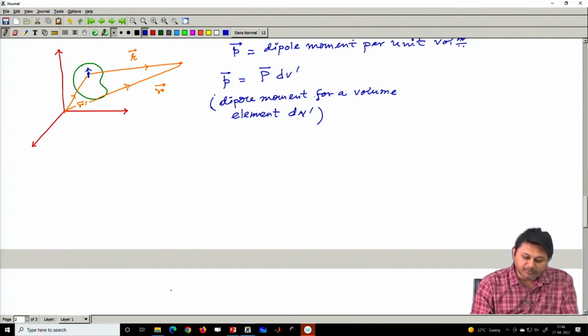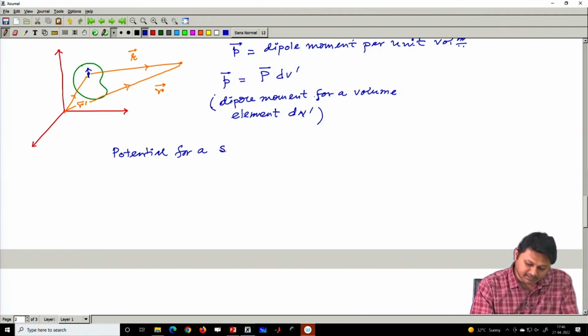So, now the potential for a single dipole, that we know, right. The potential for a single dipole is simply phi of r.